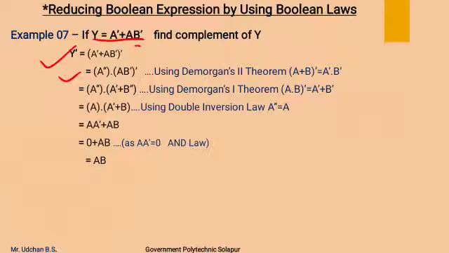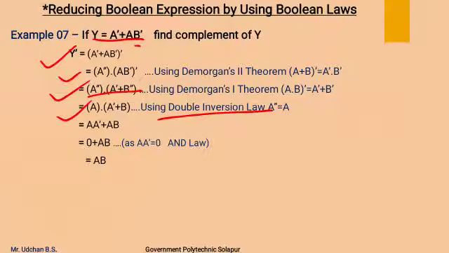Here we can apply De Morgan's first theorem. So the equation can be rewritten as a double complement into a complement plus b double complement. Now as we know, double complement of any variable gives you the original variable itself. Using double inversion law, we can rewrite this equation as a into a complement plus b.